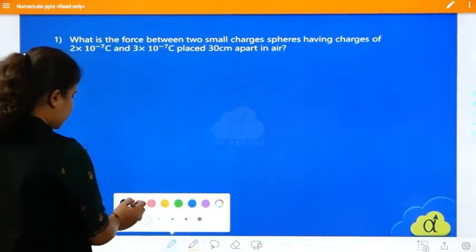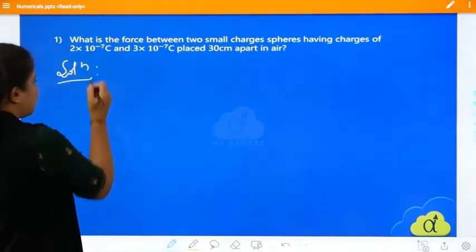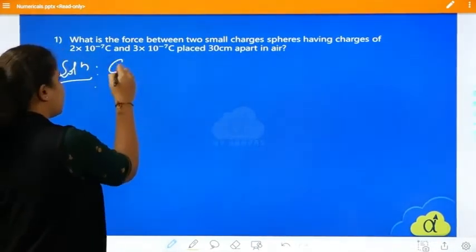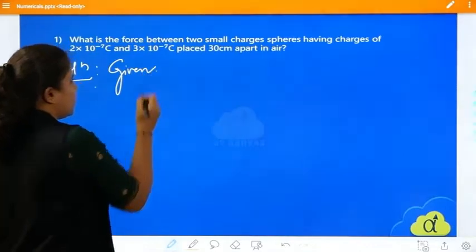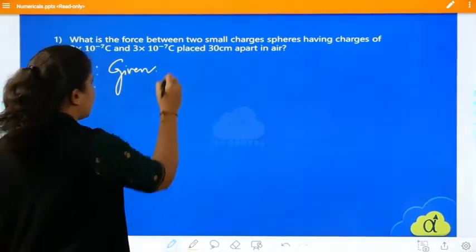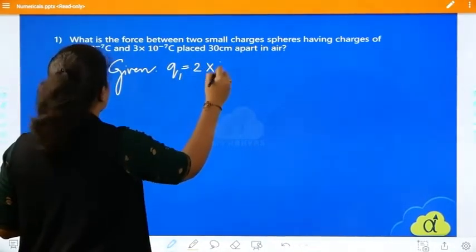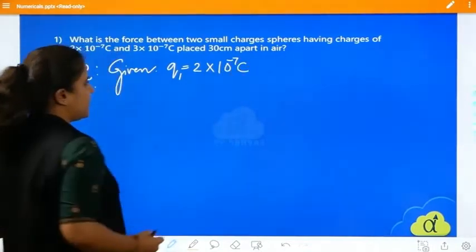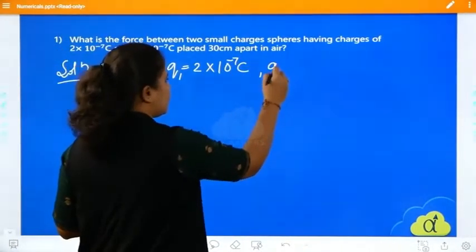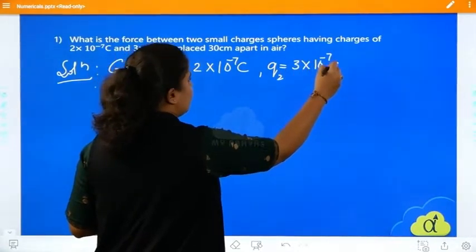So when I apply Coulomb's law, let's check the solution. What is the given data? First, I have to find the force between the charges. The first charge, I'll take it as Q1, which is equal to 2 into 10 raised to minus 7 coulomb. Next I'll take Q2, which is 3 into 10 raised to minus 7 coulomb.